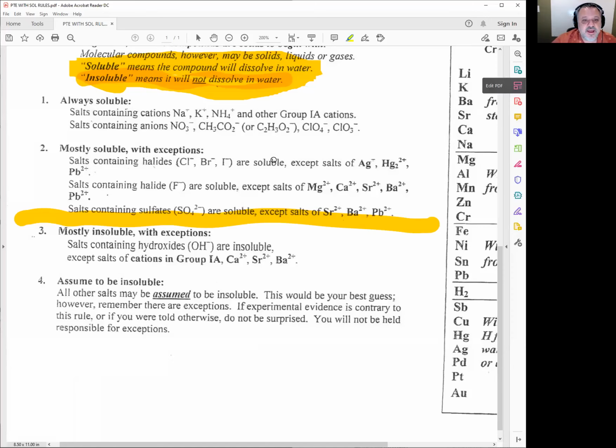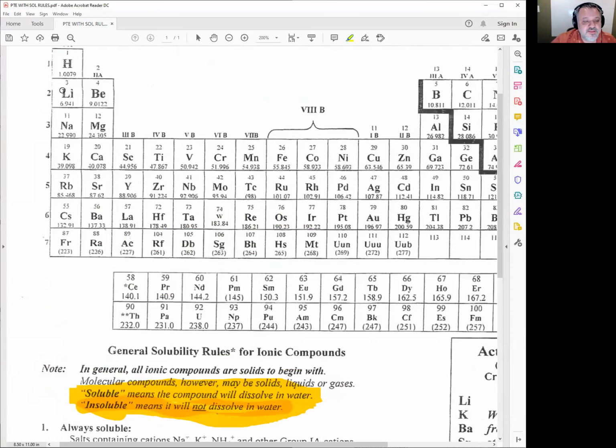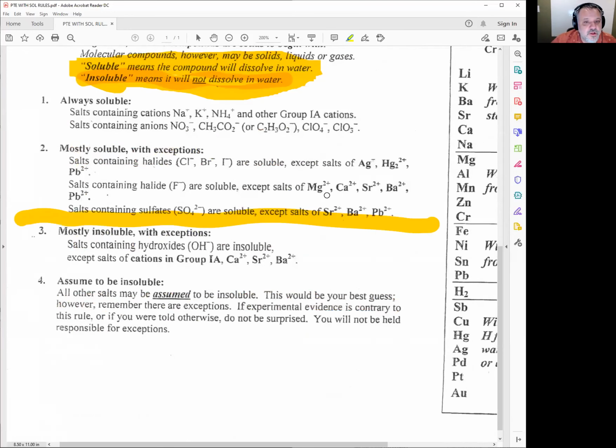So lithium, sodium, potassium, rubidium, all of those things would be soluble all the time. What about anions? Any ionic compound, any salt containing nitrate, acetate, chlorate, or perchlorate will be soluble all the time with no exceptions.